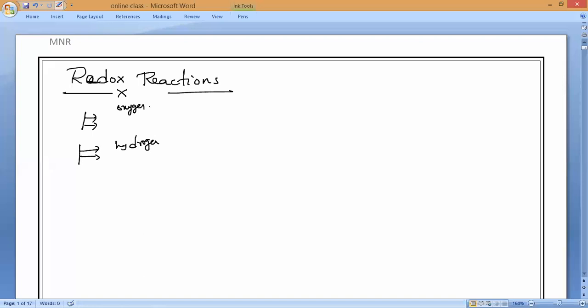Either addition of oxygen, we call it oxidation, or removal of hydrogen, we can also call it oxidation.